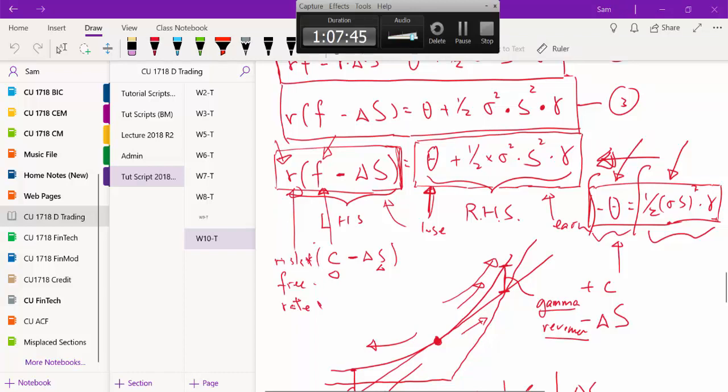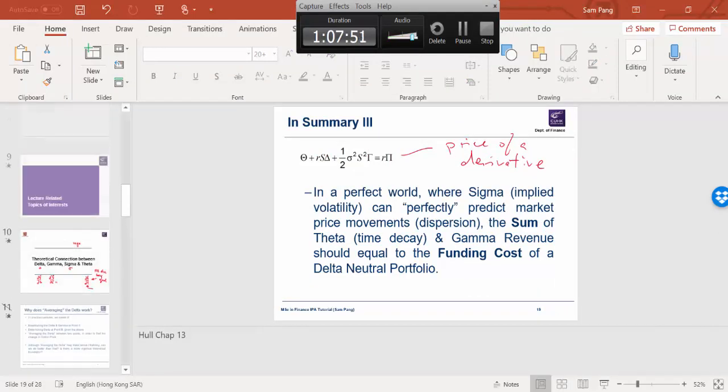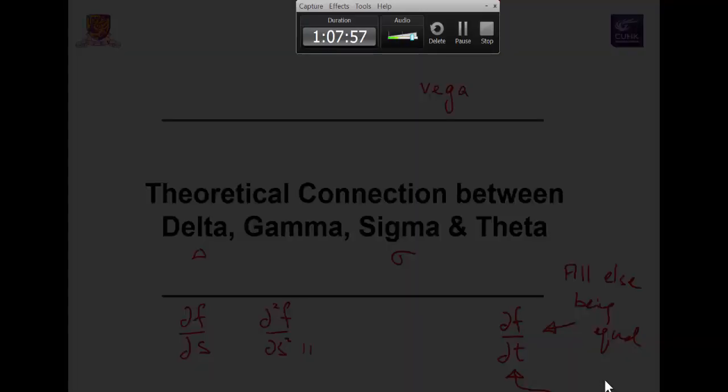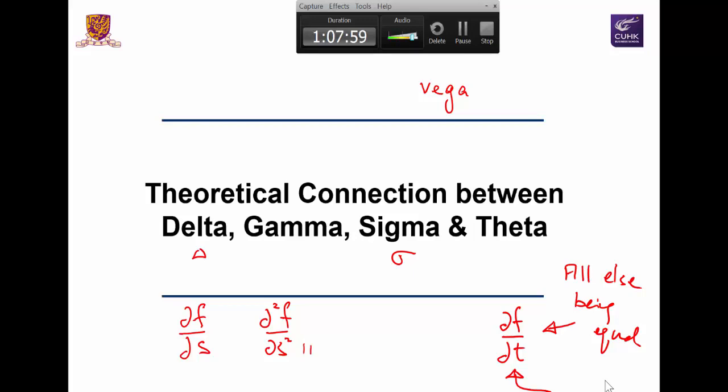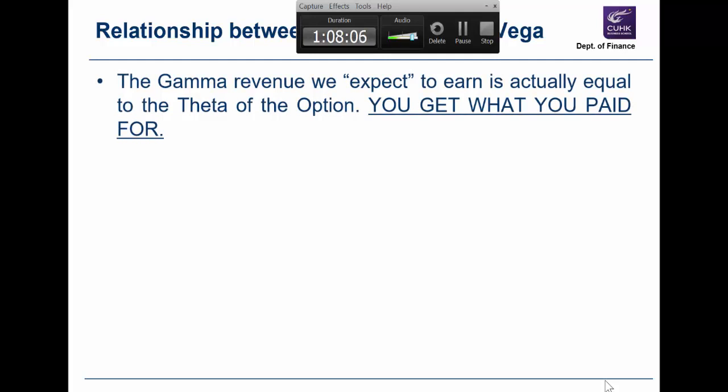So let me just show you. I haven't gone through the slides all this time, because I find that sometimes to be a bit of a distraction for you guys. But we're near the end, so I will show you just as a summary. So the relationship between gamma revenue and the implied vol.